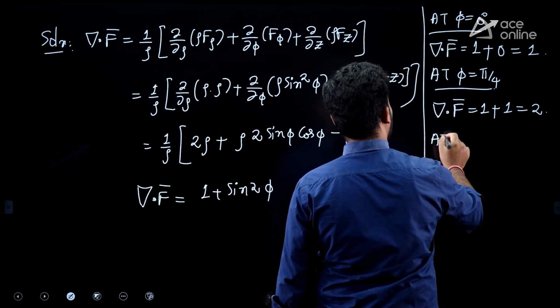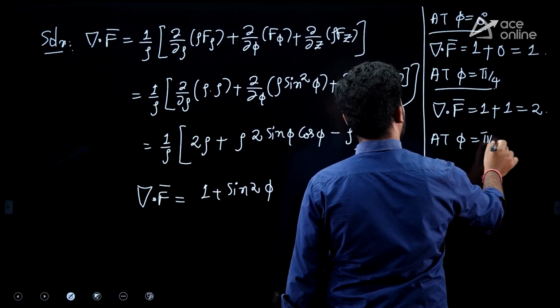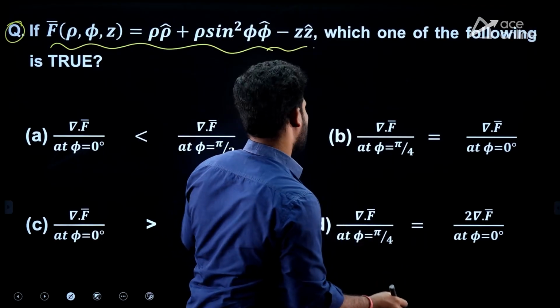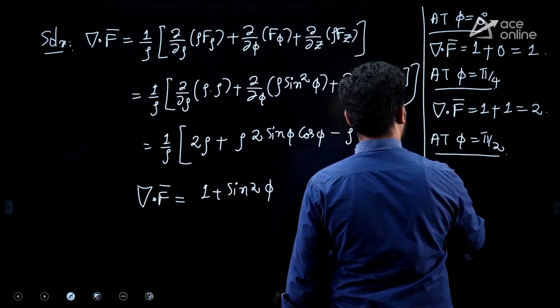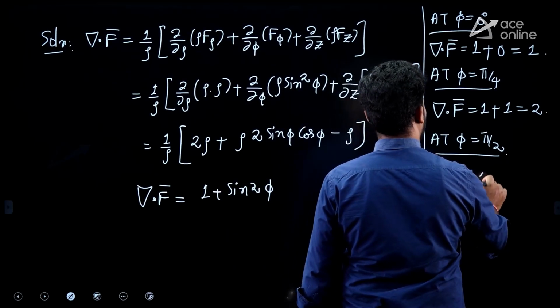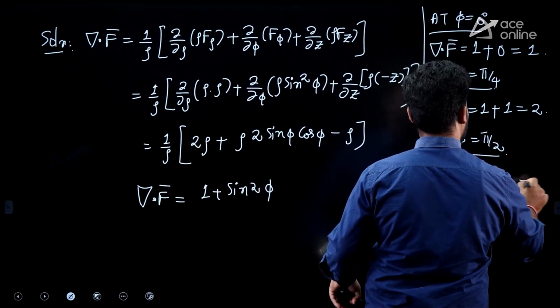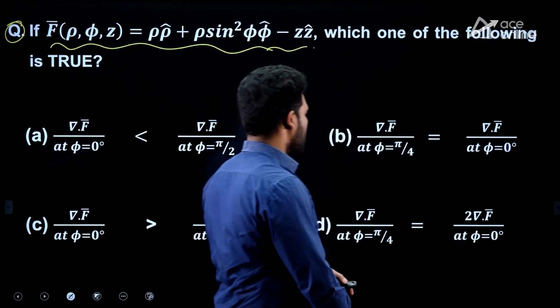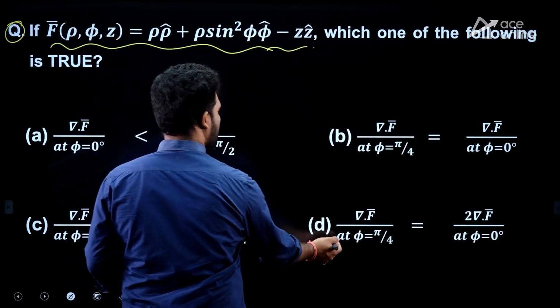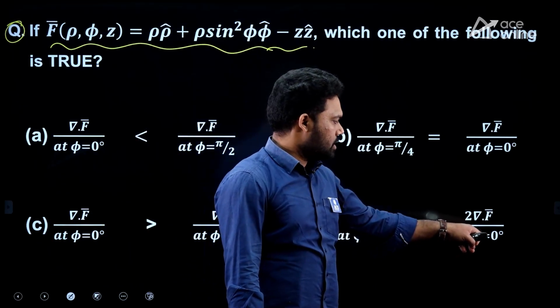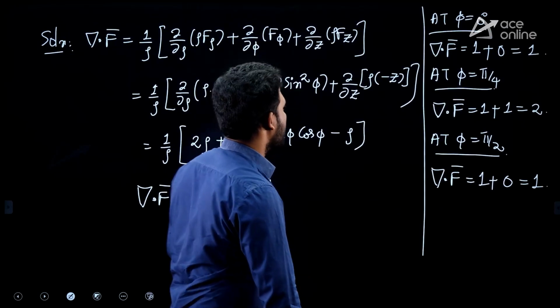It is also asking at one more point, at phi is equal to pi by 2. Am I correct? At pi by 2 also, yes. So divergence of f is 1 plus sin 2 into pi by 2, it is sin pi, which is 0, so which is equal to 1. So you can check out option D is the correct one. At this it is 2, at 0 it is 1, 2 times this one.